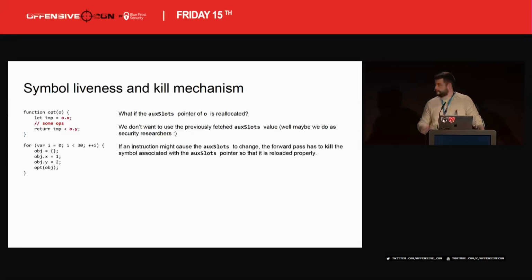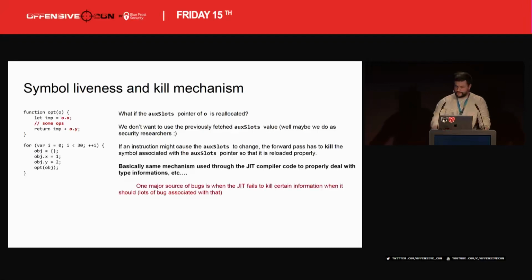The mechanism that allows the JIT compiler to deal with that is called the kill mechanism. This is Chakra lingo. If you look for the string kill in the code base, you will find some occurrences of it. In the case where some operations might cause a reallocation of the aux pointer, the JIT compiler has to kill the symbol associated with the thing that might be changed.